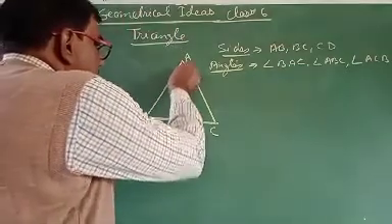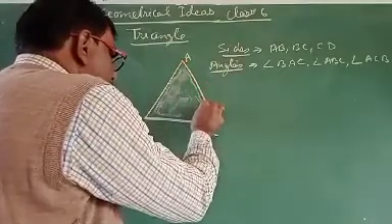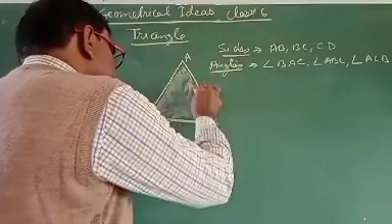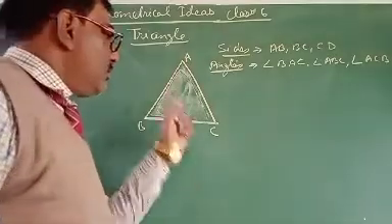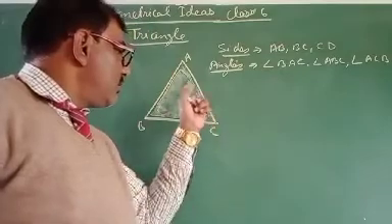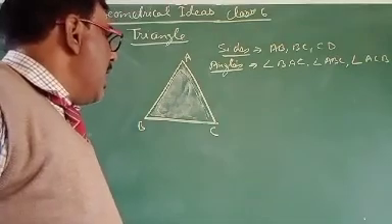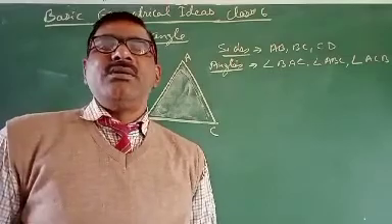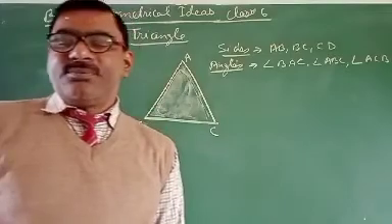The space bounded, closed by line segments, is called the interior of a triangle. Here the shaded portion is the interior of a triangle, and outside of this shaded portion is called the exterior of a triangle. So this portion is the exterior of a triangle, and this shaded portion is the interior of a triangle.